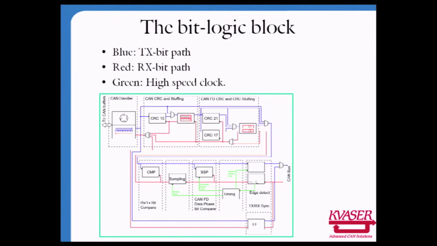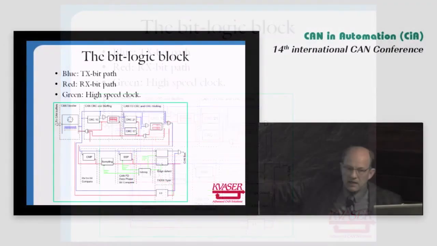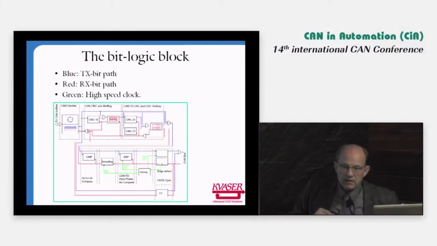Then it goes down to bit compare, the sampling of the bits, a secondary sampling point, some timing, and then the handling of the time quanta on the bus side. The FD part is just something running in parallel with the CAN communication, because CAN FD is just the additional bits in the CAN frame.